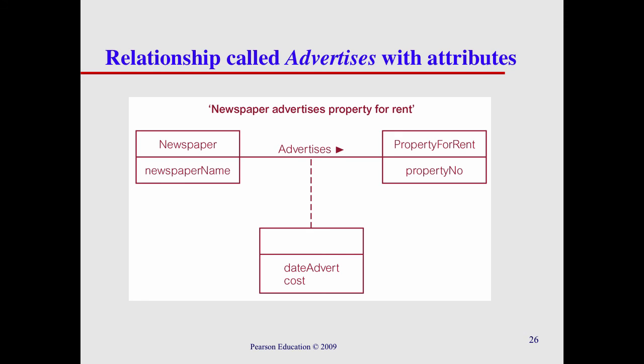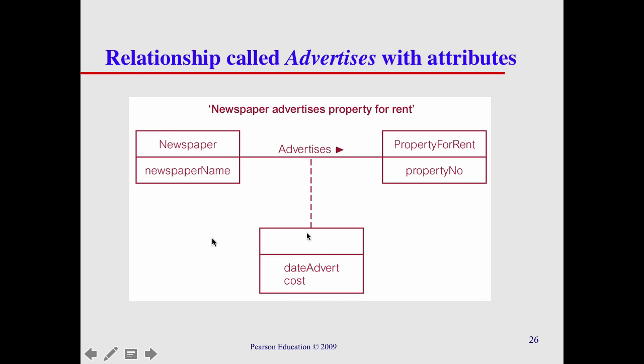A booking relationship might have attributes associated with it. What are the attributes for a booking relationship? At a minimum, date from and date to are attributes for a booking relationship. So you represent those attributes with a dotted line.